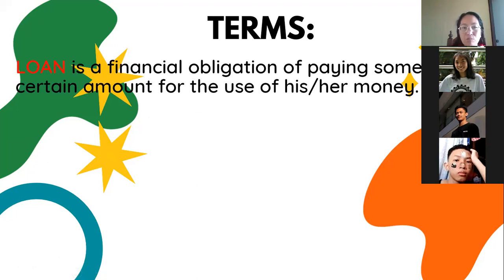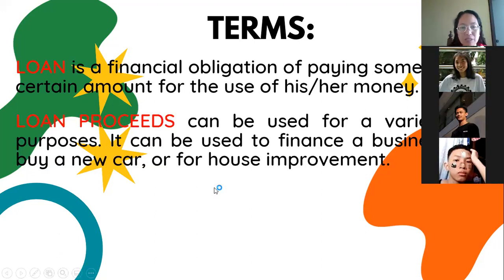So pag sinabi natin loan, it's a financial obligation of paying some money. So dyan lumalabas yung sinasabi natin na yung borrower, di ba? At saka yung lender, hiram at nanghiram. Yung nangutang at yung nagpapautang. Okay? And then when we say loan, used to finance a business, buy a car, or for house improvement. And with this loan proceeds, dito natin ma-identify alin yung tinatawag natin na business loan, alin yung tinatawag natin na consumer loan.